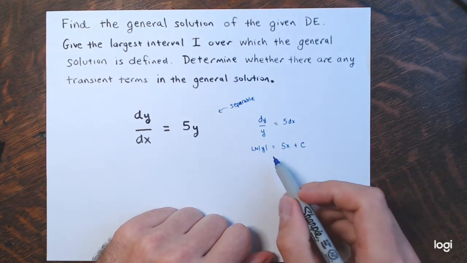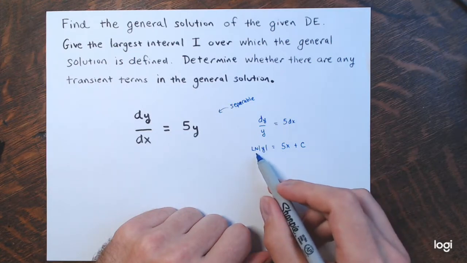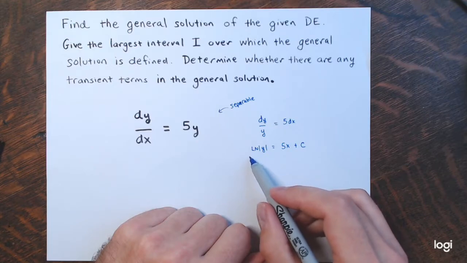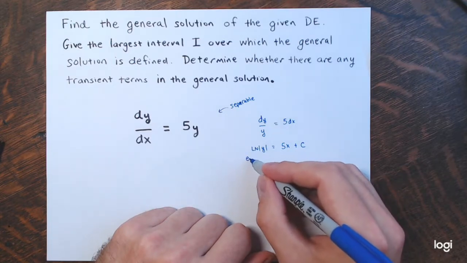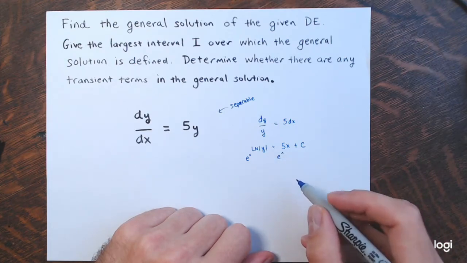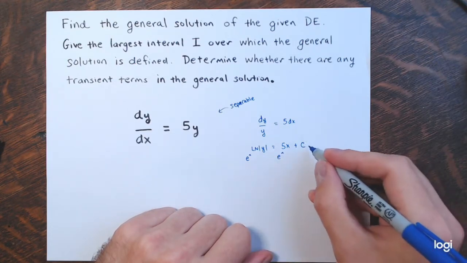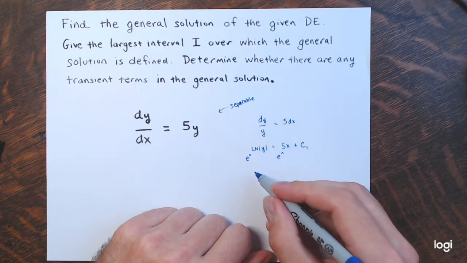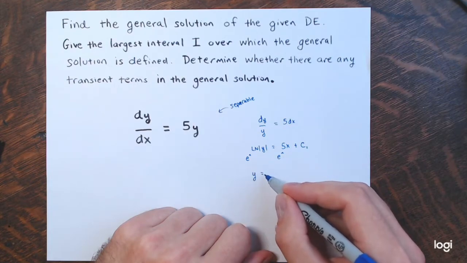I want to solve for y though, to get an explicit solution. Exponentiate both sides. e raised to this would be equal to e raised to this, and I'll call this constant c1 because I'm going to be changing it.